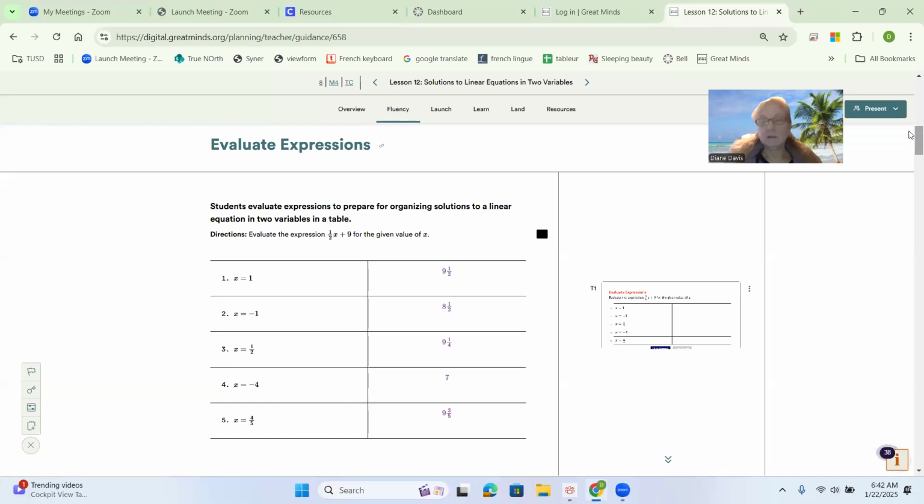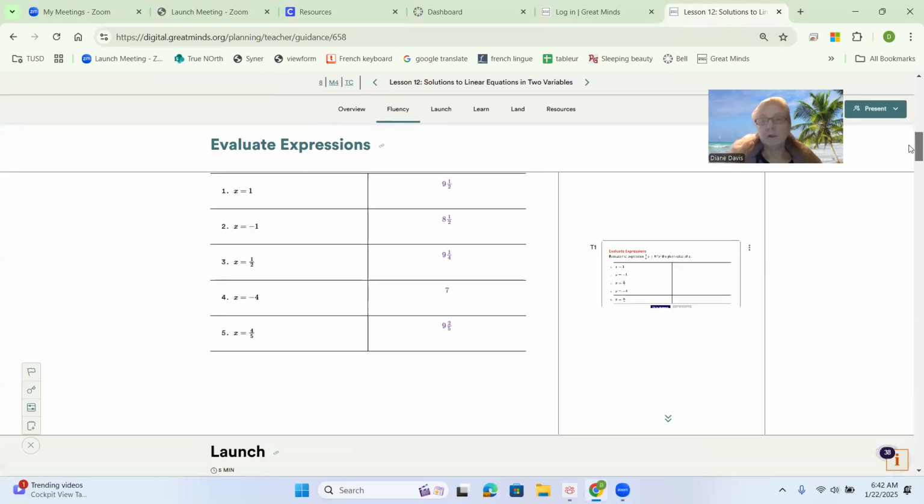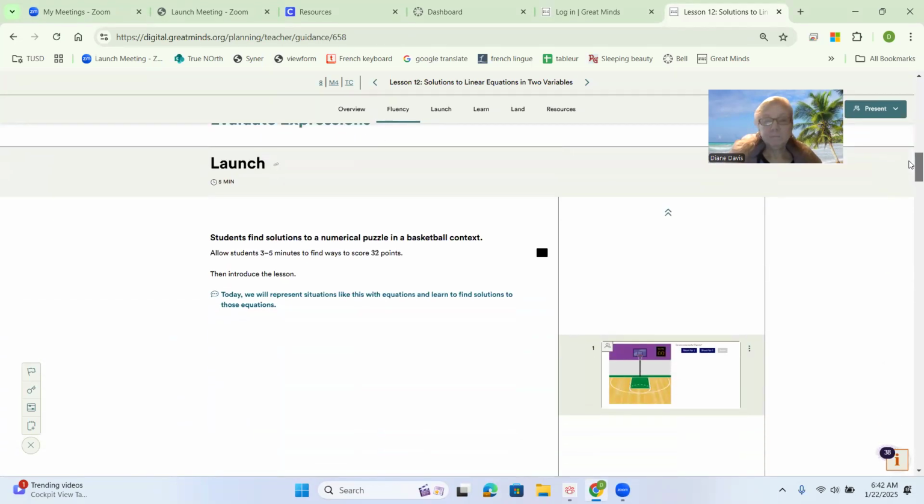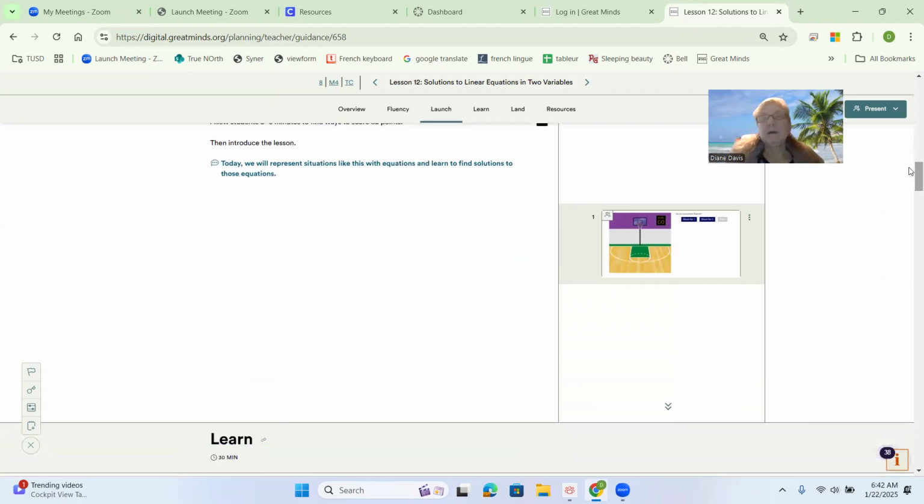This lesson, again, is going to be about doing the exit ticket. Today, we will represent situations like this with equations and learn to find solutions to those equations.